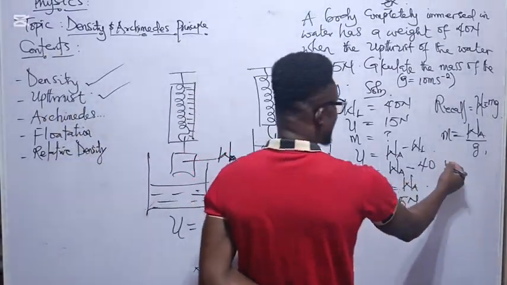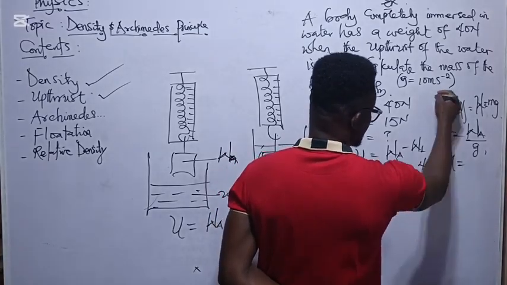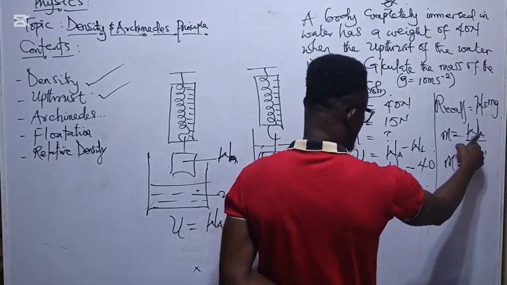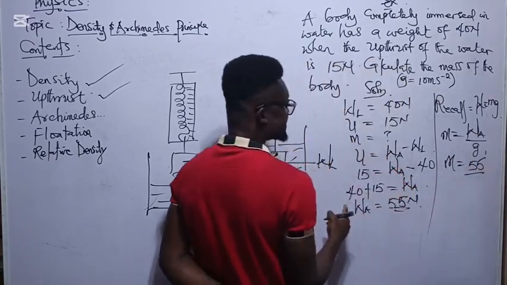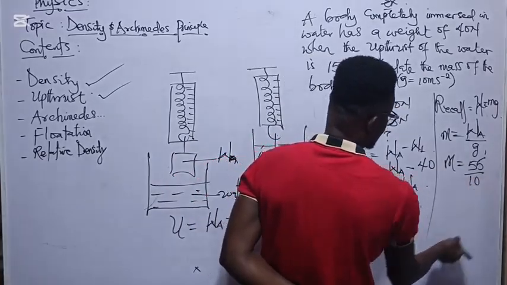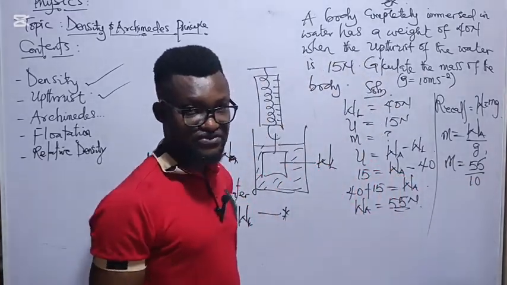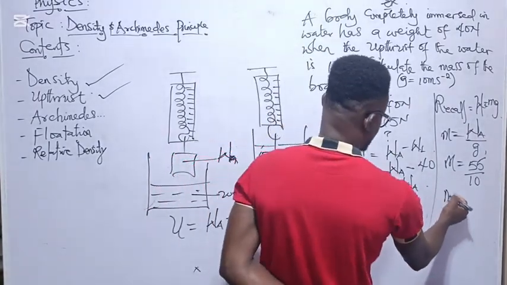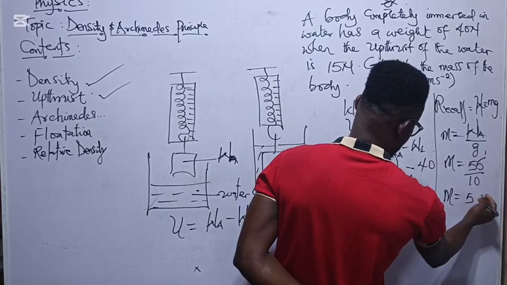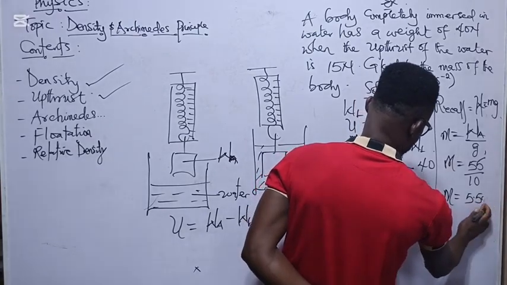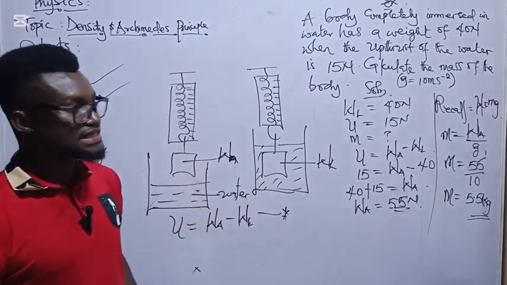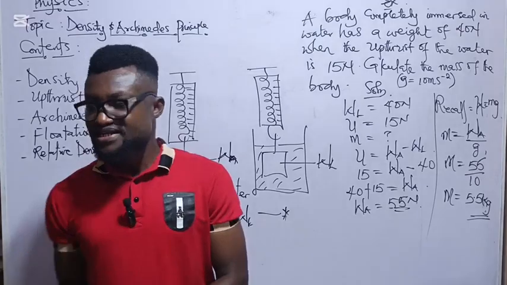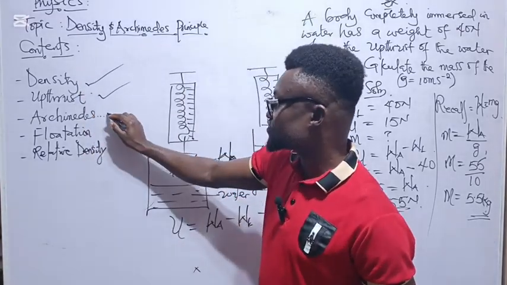In that case, the mass becomes weight in air, 55, divided by acceleration due to gravity, which is 10. So 55 divided by 10, you have the mass to be 5.5 kilogram. That answers the question.